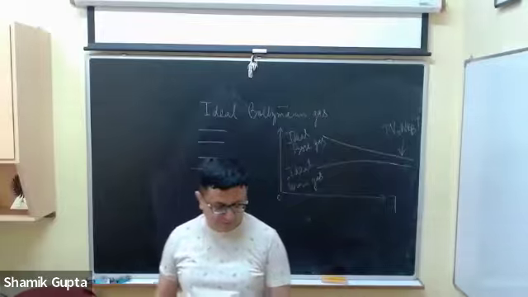So an ideal Boltzmann gas is defined by the canonical partition function of the Fermi type. We will see why it becomes like that. So this is the canonical partition function.